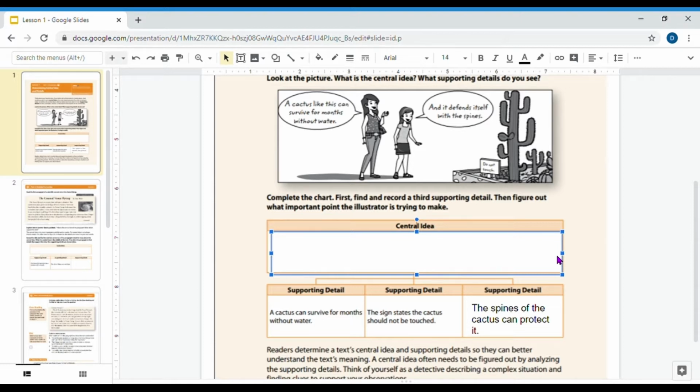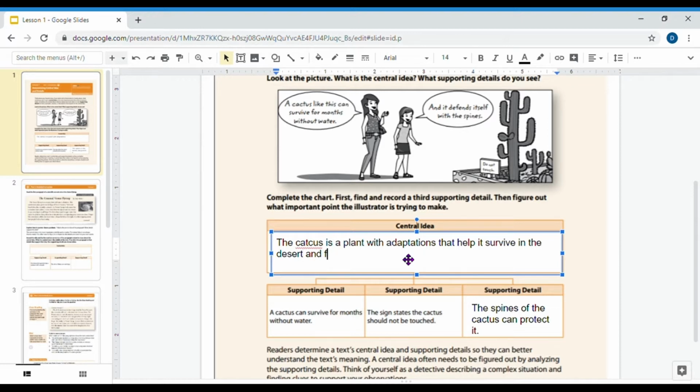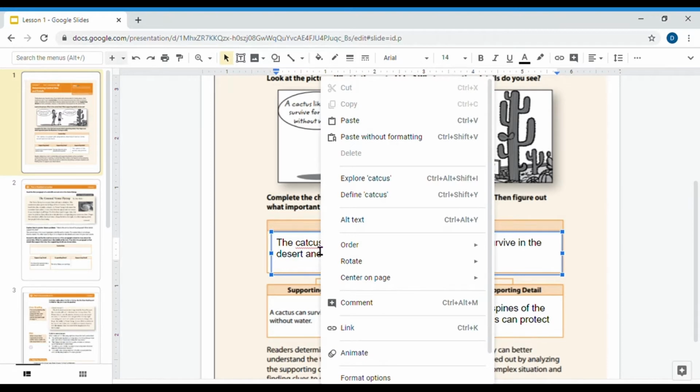I think that what the illustrator is trying to come across with is that the cactus is a plant, and they seem to have adaptations that help it survive in the desert and defend itself. And let me fix my misspelling, actually.